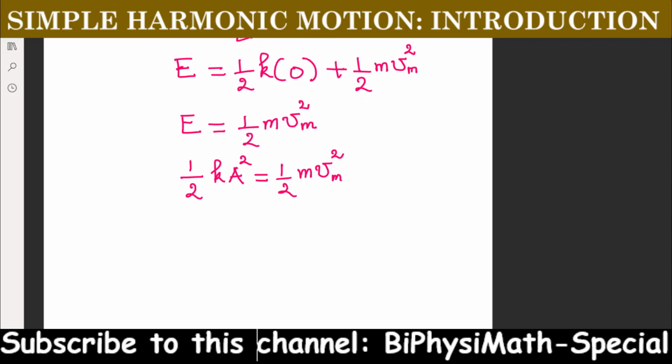Let's solve for v max, the maximum speed. We find v max square equals K over M times A square.